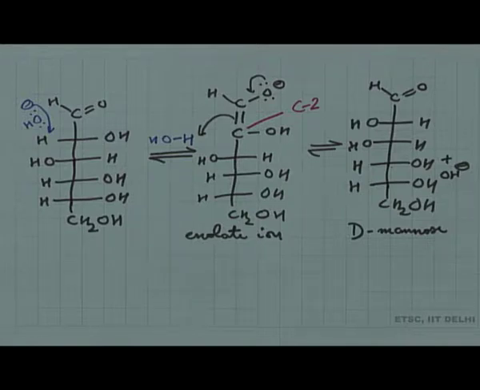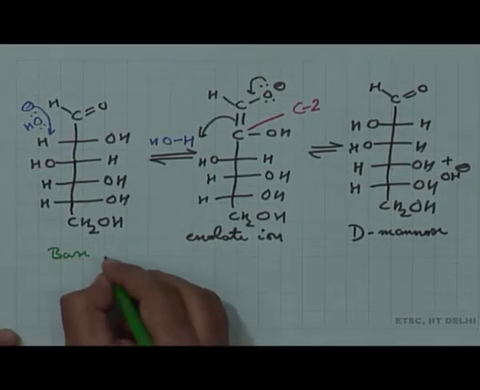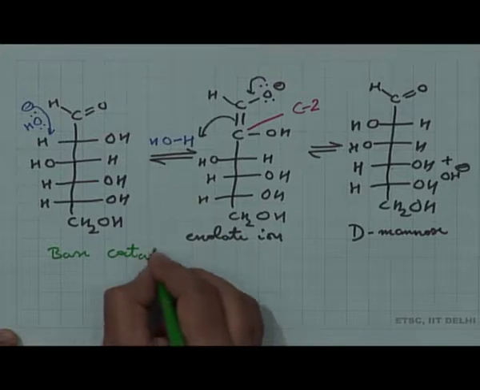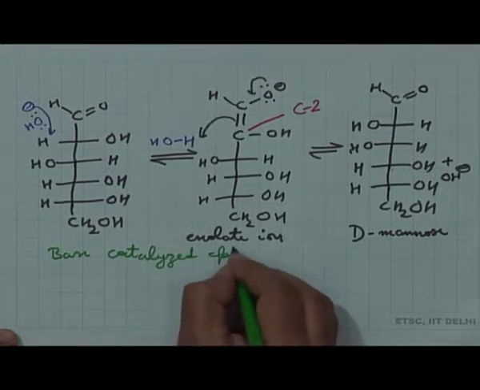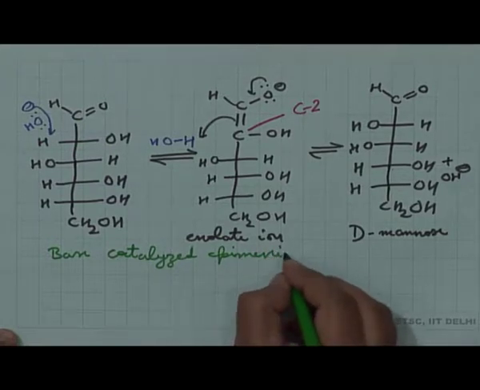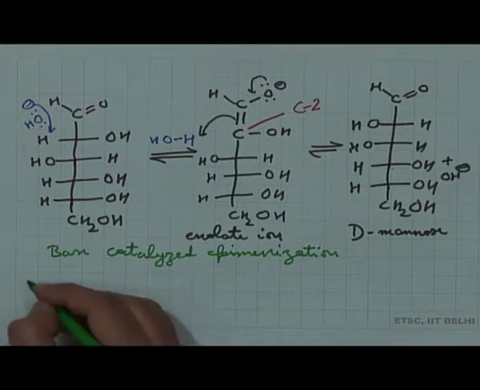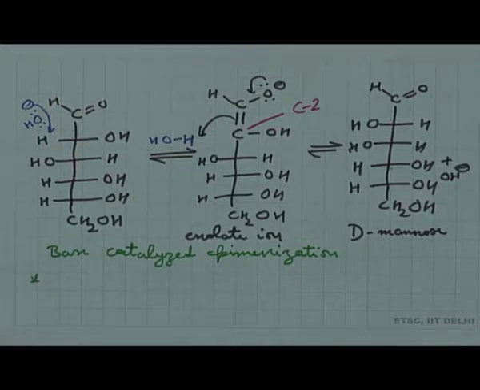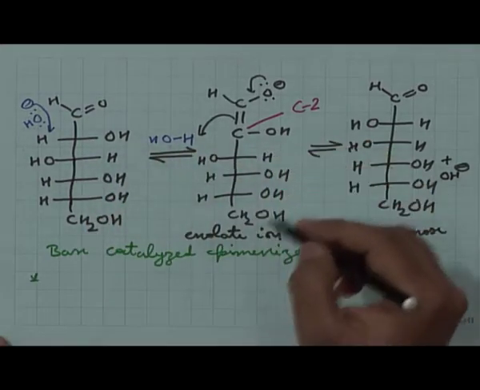So, what happens in this base catalyzed epimerization? Let me repeat it. First, the base removes a proton from the alpha carbon, forming an enolate ion.